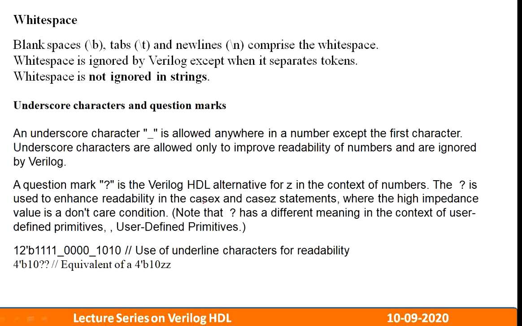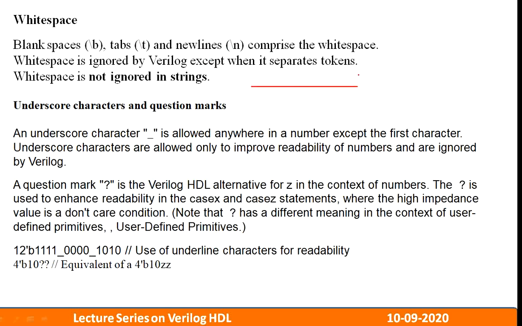Now moving ahead, like I was telling, there is something called white spaces. White spaces help us to increase the readability, and sometimes we write certain blank spaces, tabs, new lines, and all those come under white spaces, and they are represented with different formats. Blank spaces are represented by \b, tabs with \t, new lines with \n.